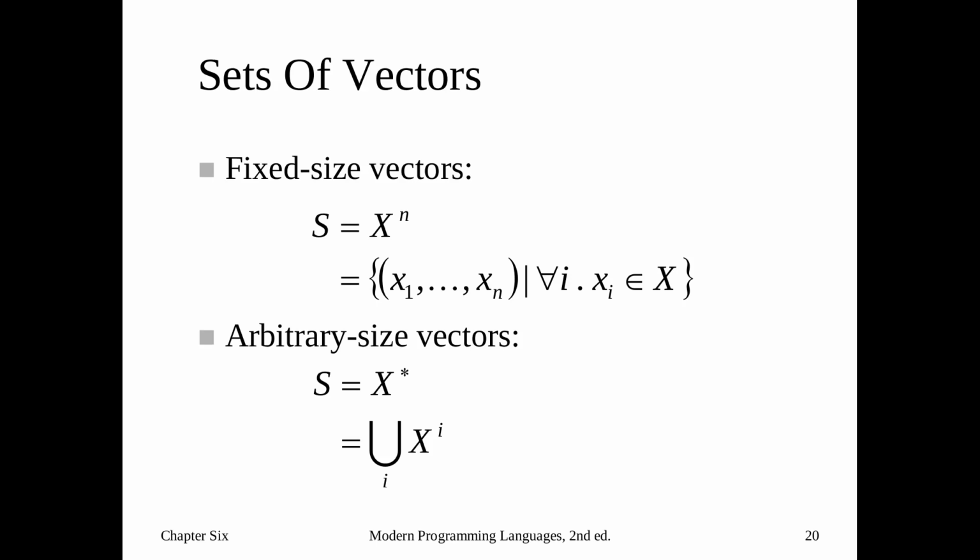Now, another way we can do this is by using vectors, right? So we can create fixed size vectors where basically we have some set X, the nth order vector X, such that X elements X1 through Xn are a member of, for each i, X sub i is an element of the actual set X, or the vector X. So when we want to look at arbitrary sized vectors, S is equal to X star, where X star is really the union across all possible ith order X's.